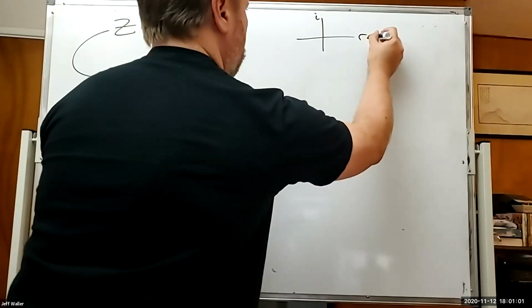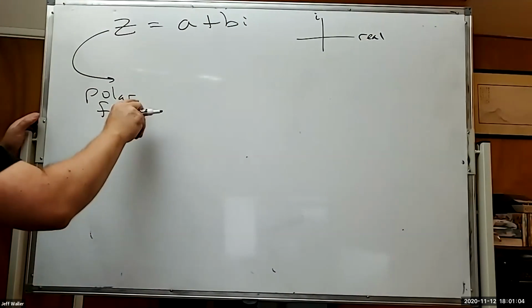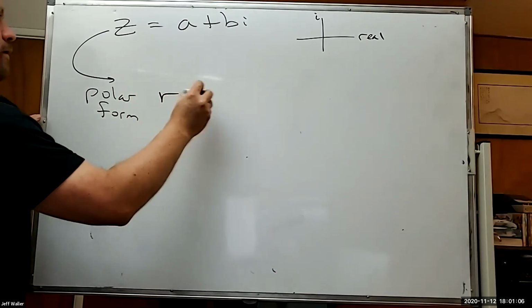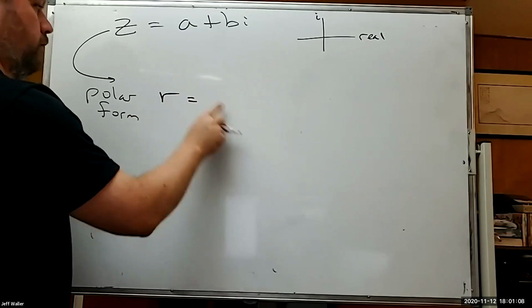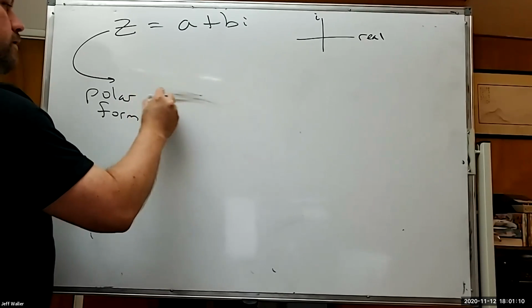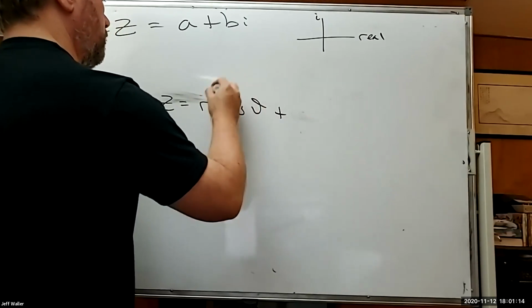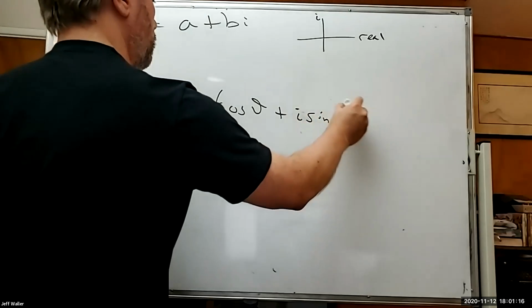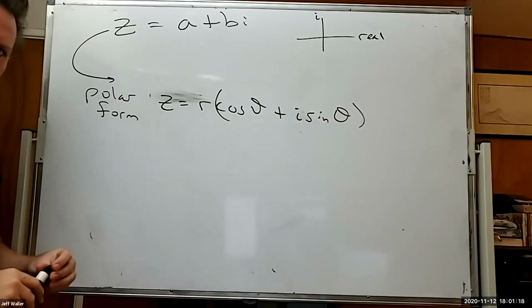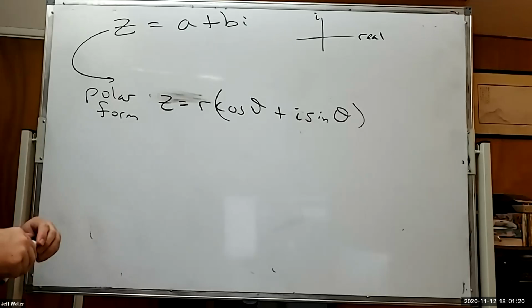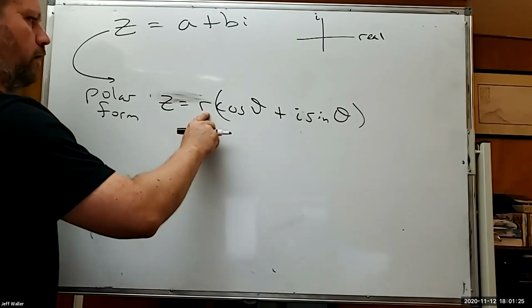Put this as a word, because otherwise it's going to get real freaky in a second. So in polar form, Z equals R cosine theta plus I sine theta. How did we get R?